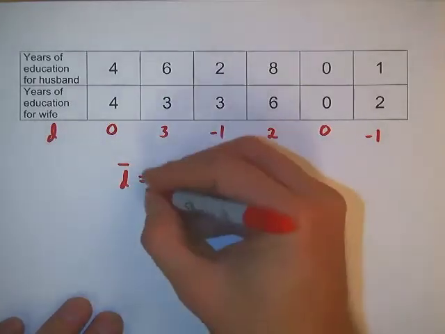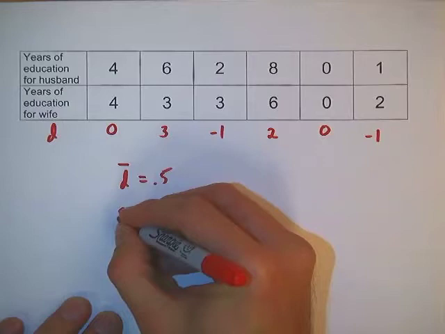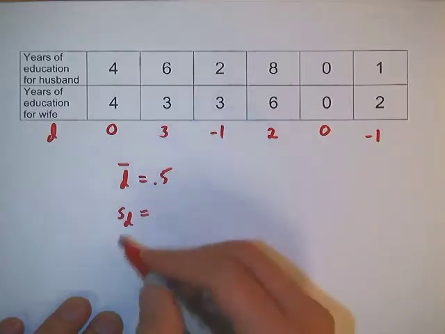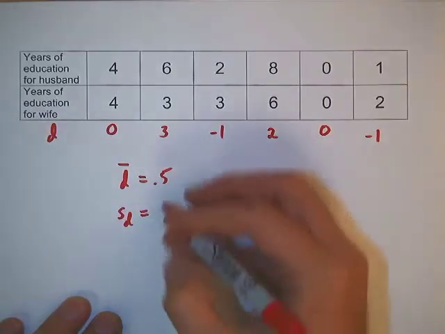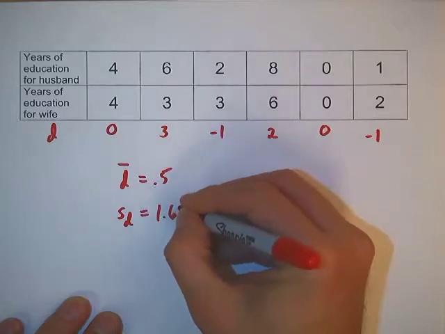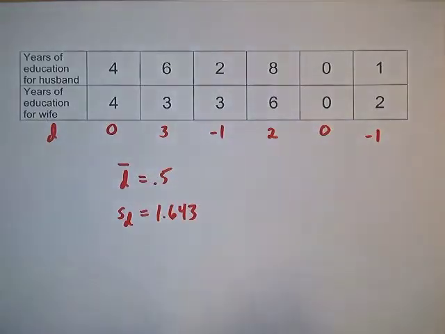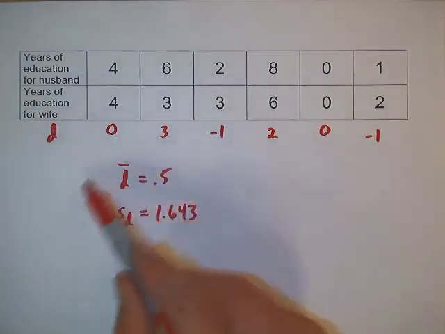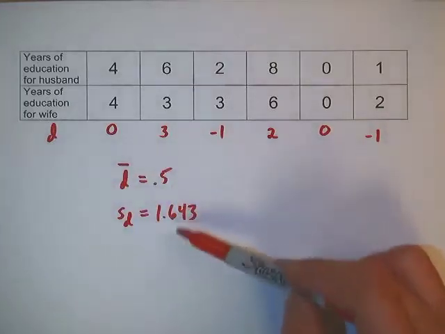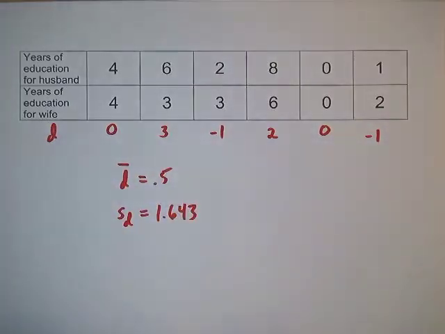So d bar is 0.5, and s sub d, the sample standard deviation of the differences, is 1.643. Now I can run a one sample hypothesis test using the statistics here for my difference list.